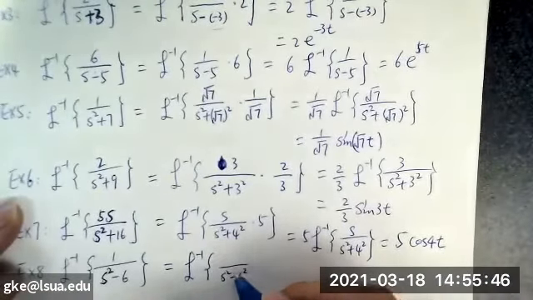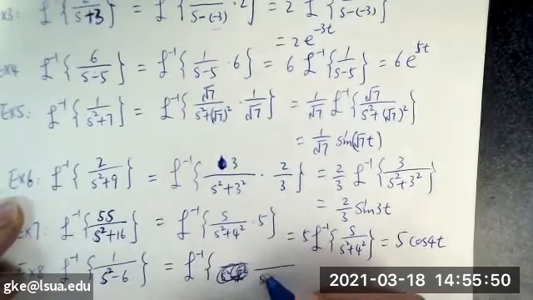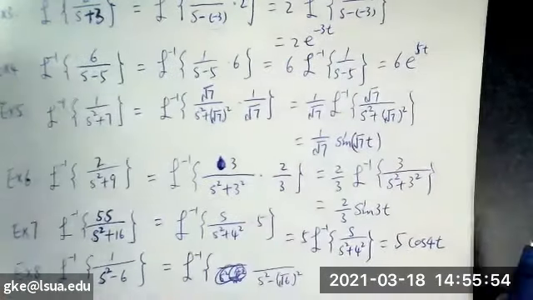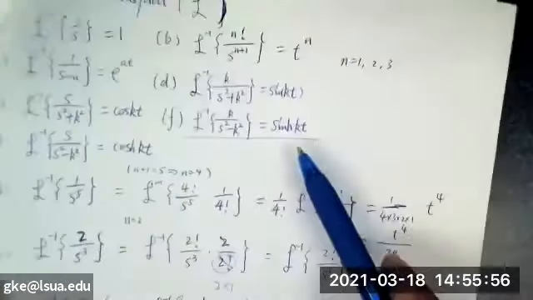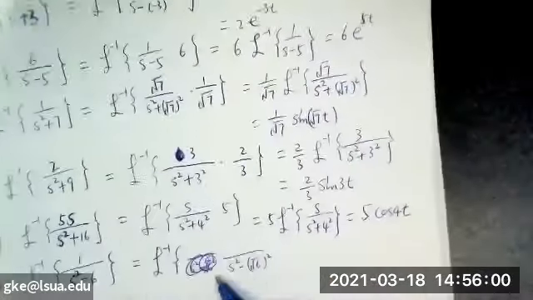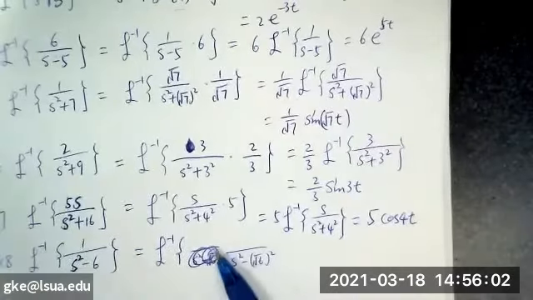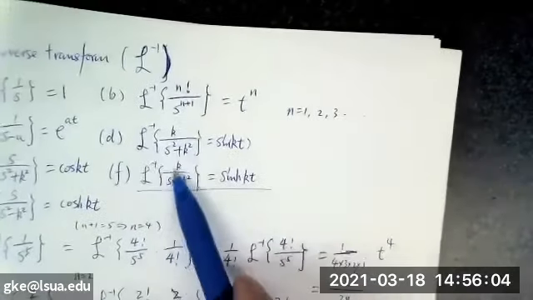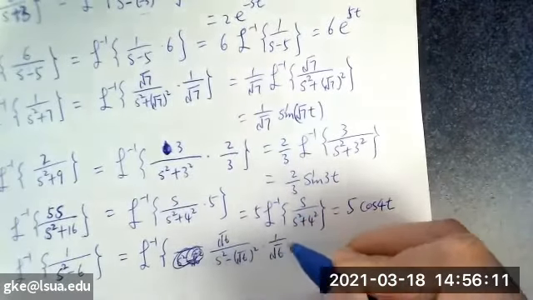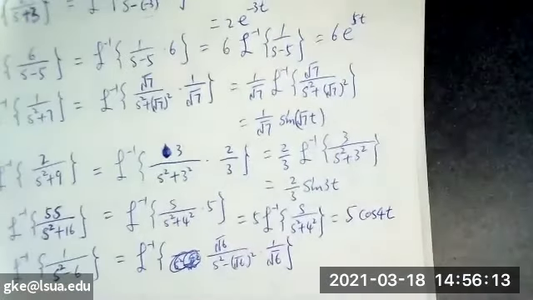K is square root of 6, because the denominator is k squared. And the numerator should be k.